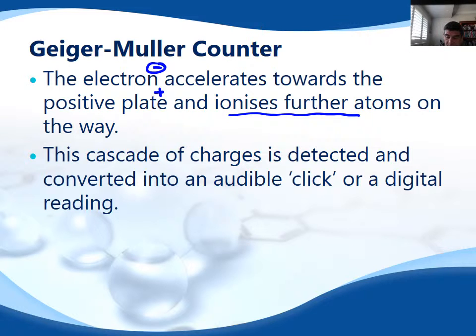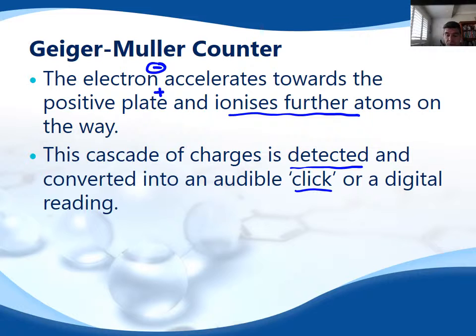As the charge continues to build, this starts to produce a cascade or a flow of charge, and we can detect that charge through the Geiger-Muller counter because it's converted into clicking. So you can actually hear the clicks, and also see it as a digital output, so you can actually see the numbers rising.